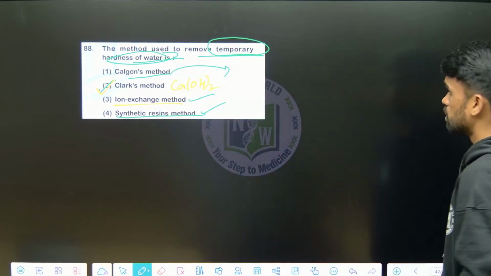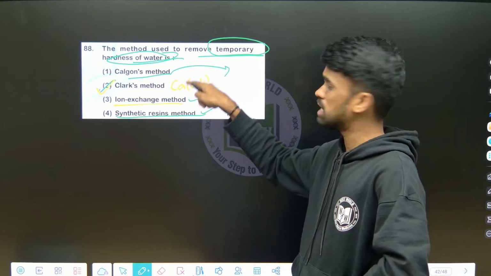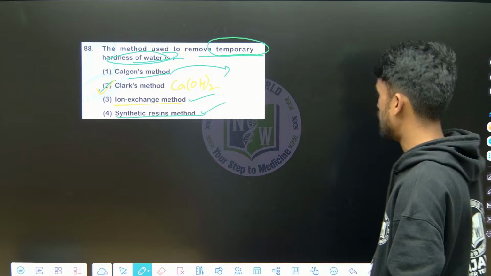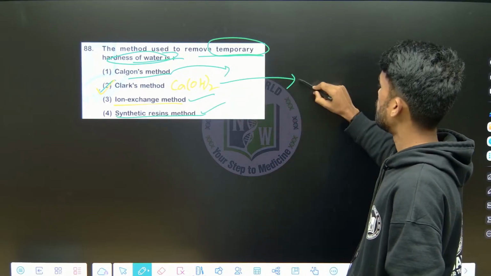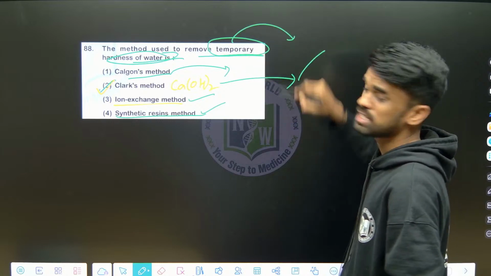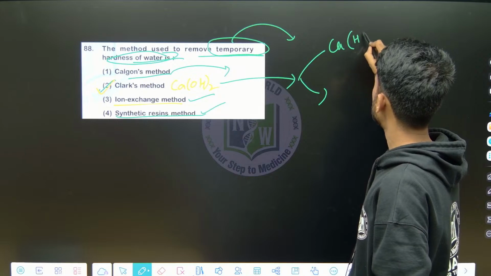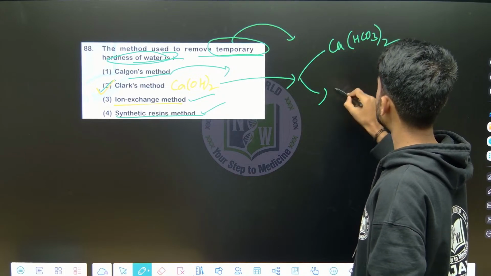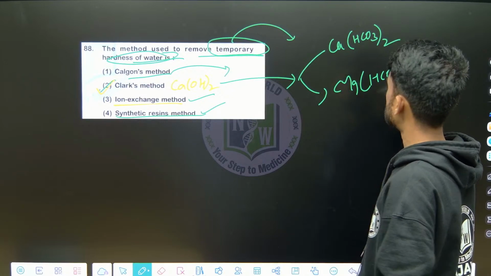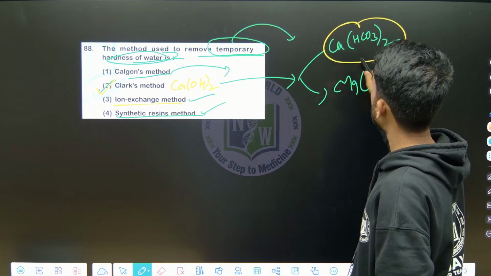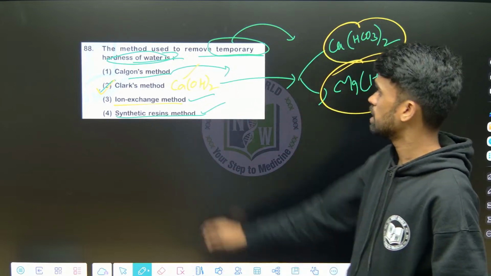In Clark's process, what is the chemical substance we are using? Calcium hydroxide. So this will remove the temporary hardness causing substances, what are they? Bicarbonates of calcium and bicarbonates of magnesium. These are the two substances which cause temporary hardness, and they will be removed by calcium hydroxide in Clark's method.